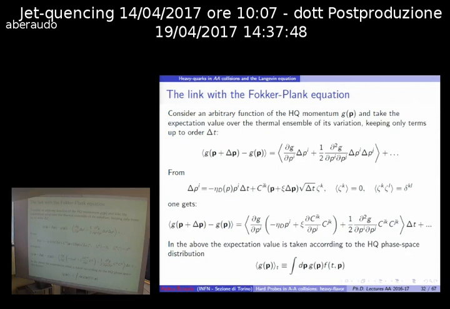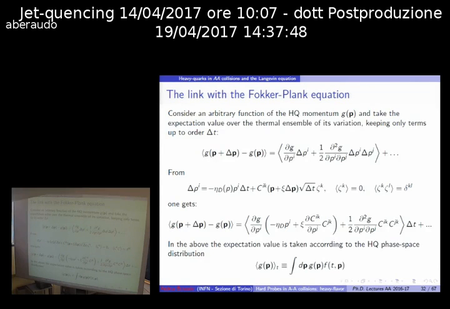So for instance, here this term is quite easy, because if this is delta p squared, from this I can only take the term of order square root of delta t, because everything else would be higher order. So you see that this is very easy to evaluate. I simply get a factor C from each of these delta p.